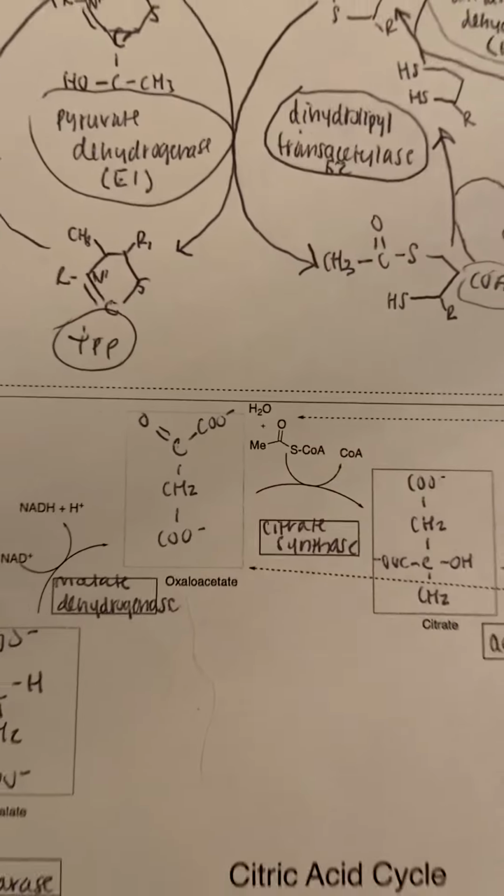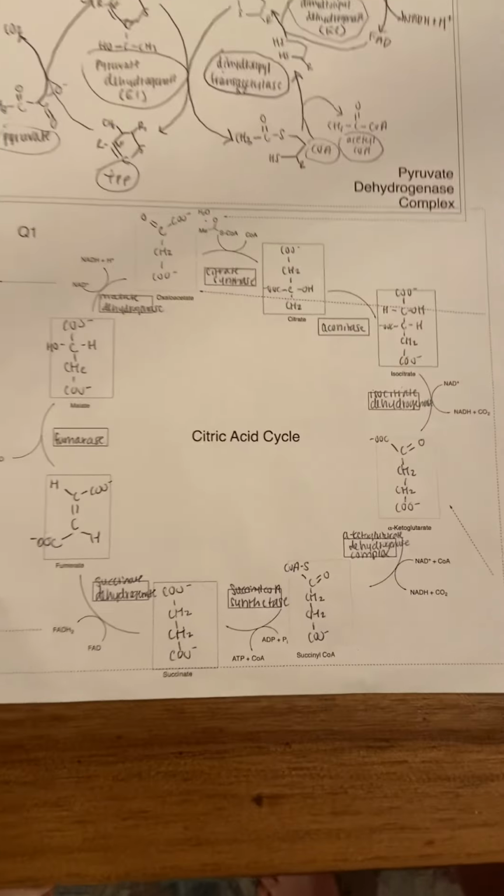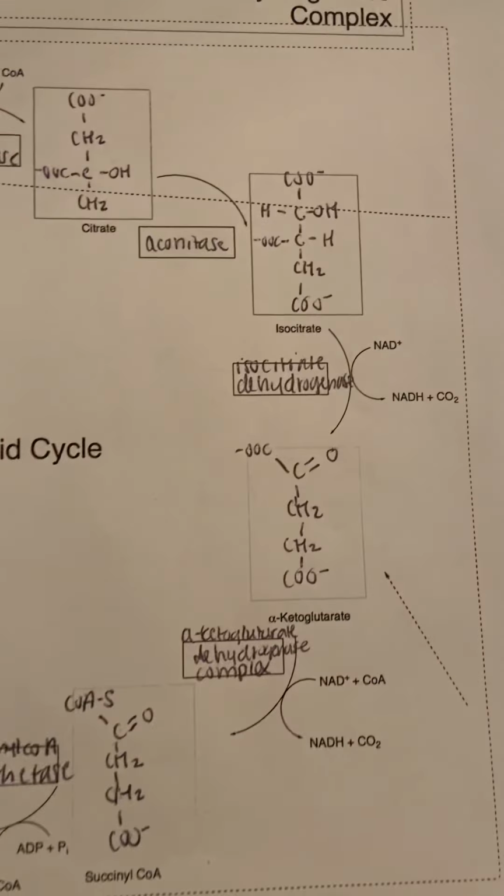This brings us to the citric acid cycle. Pyruvate enters the citric acid cycle, which is a cyclical series of reactions whose main function creates byproducts such as NADH and FADH2, as we can see right here.